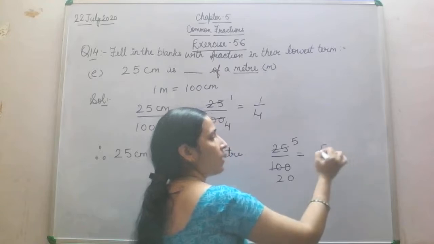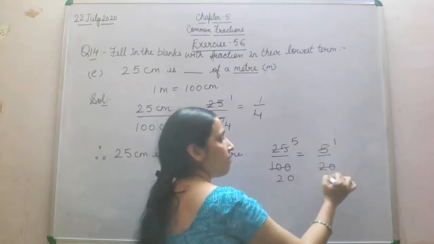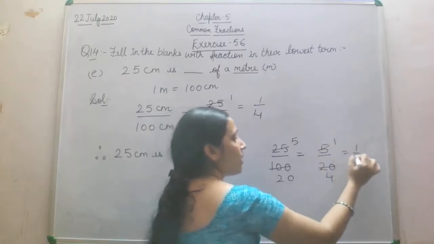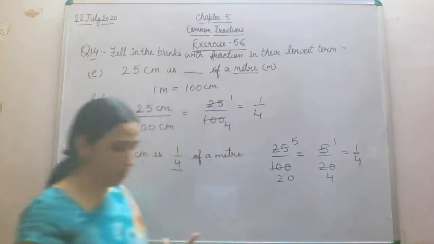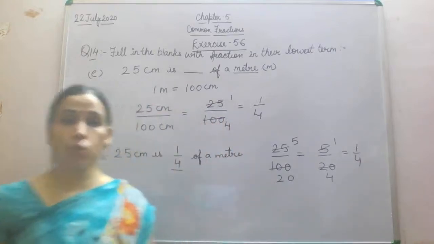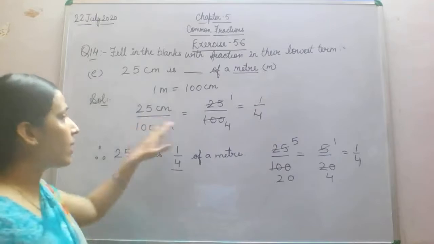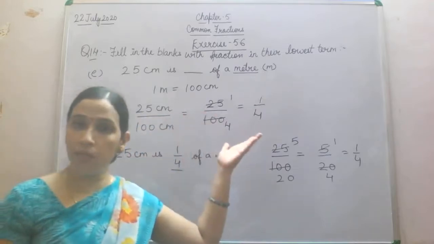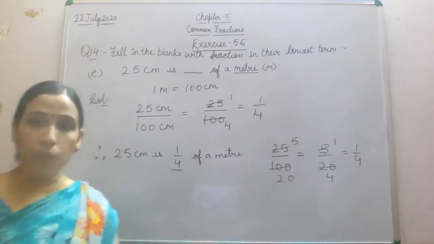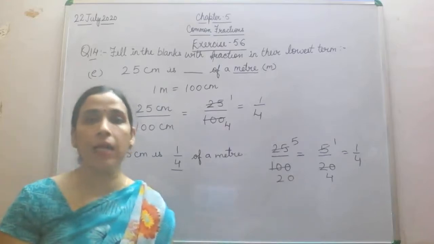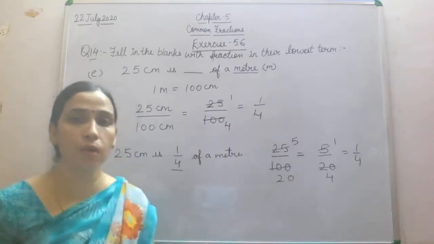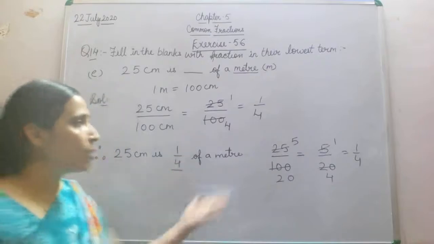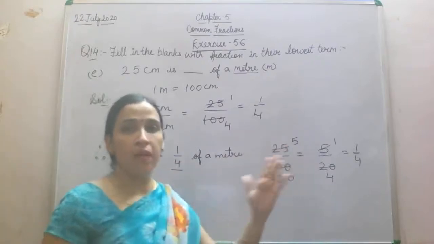Then again we can do division, 5 1s and 5 4s. Then also we will get the same answer, that is 1 by 4. So children, it's totally up to you. If you can divide it by 25, then you can do the division with 25. If you find it difficult to do the division with the table of 25, you can do it with the table of 5 also.